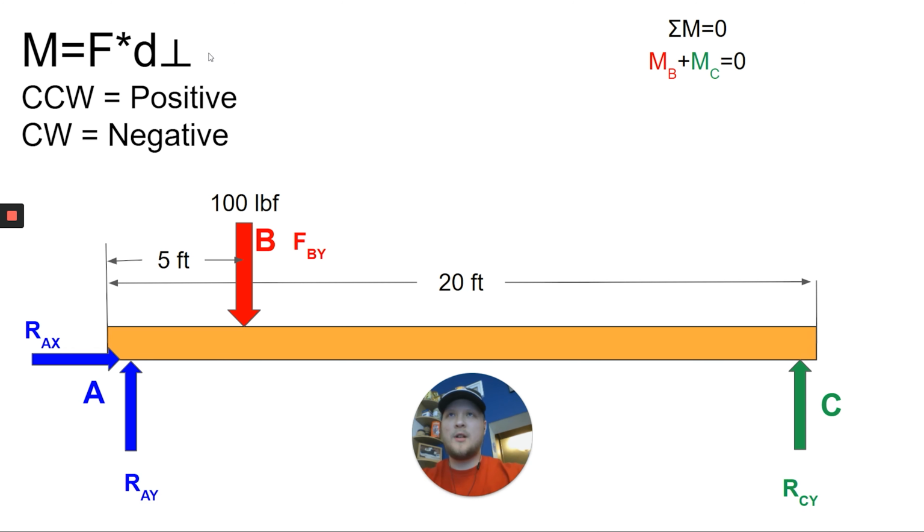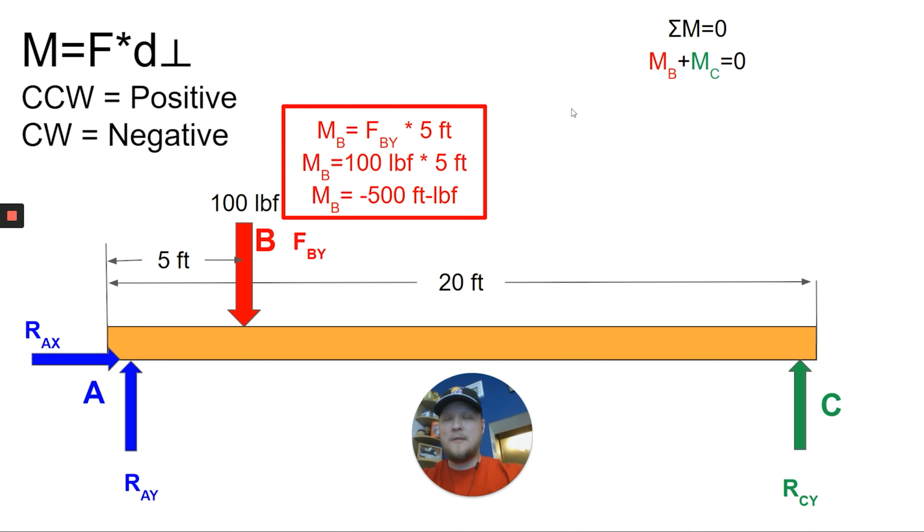Remember, our moment formula is moment equals force times perpendicular distance. A positive moment is one that causes a counterclockwise rotation. A negative moment is one that causes a clockwise rotation. So since we know everything at point B here, let's solve for the moment of B first, just as practice.